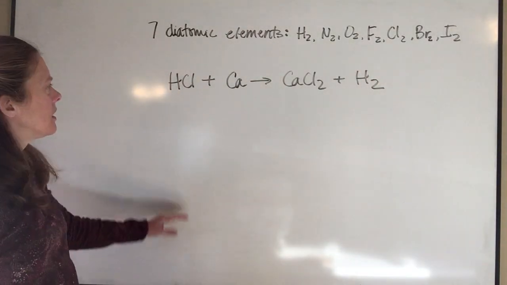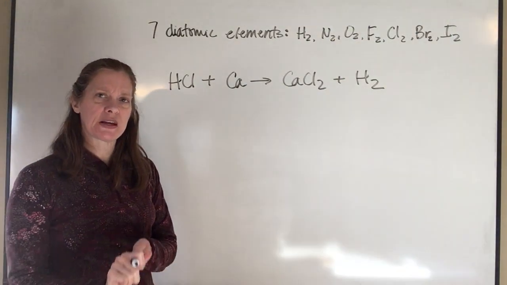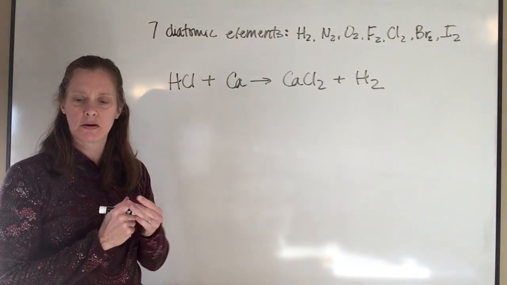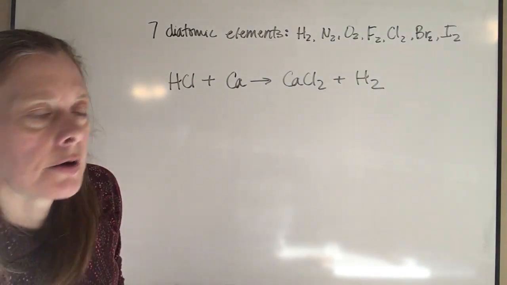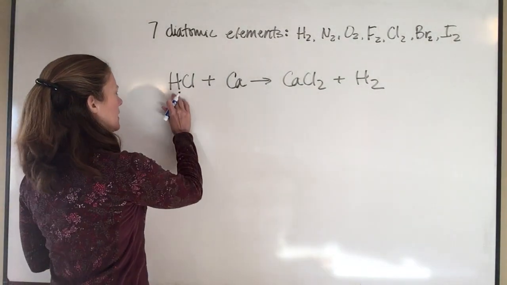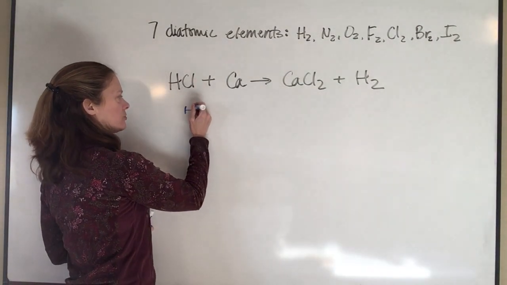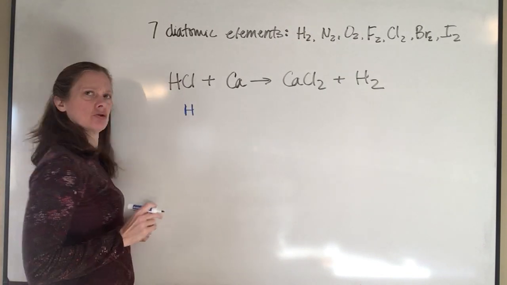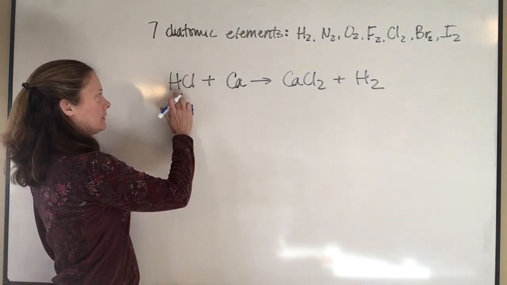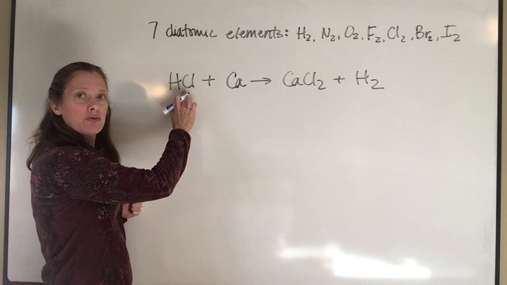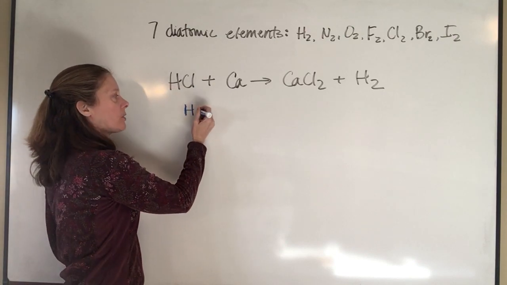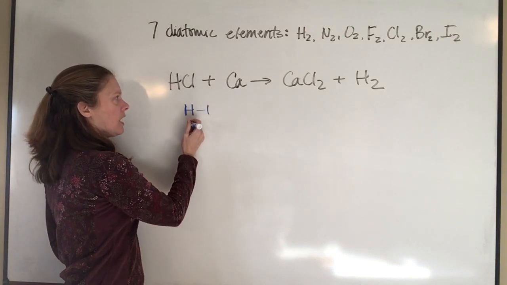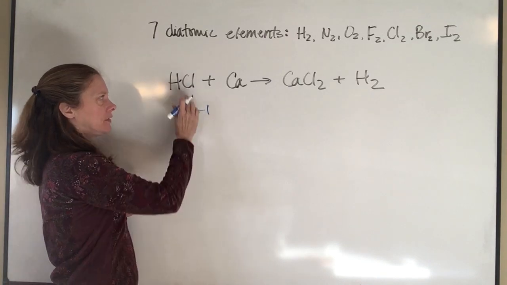Okay. So let's look at this and see if we can figure out if this is balanced or not. So here I have a hydrogen. How many hydrogens do I have on this side? Well, if there's no subscript down here, remember that really means that there was a 1. So I have 1 hydrogen. How many chlorines do I have?